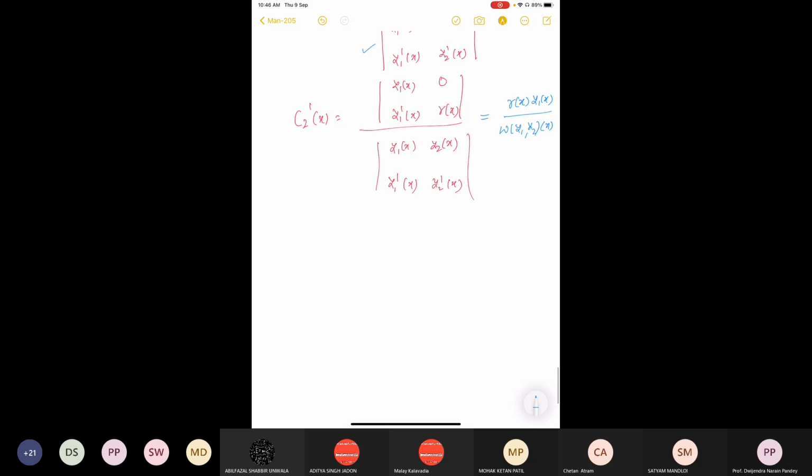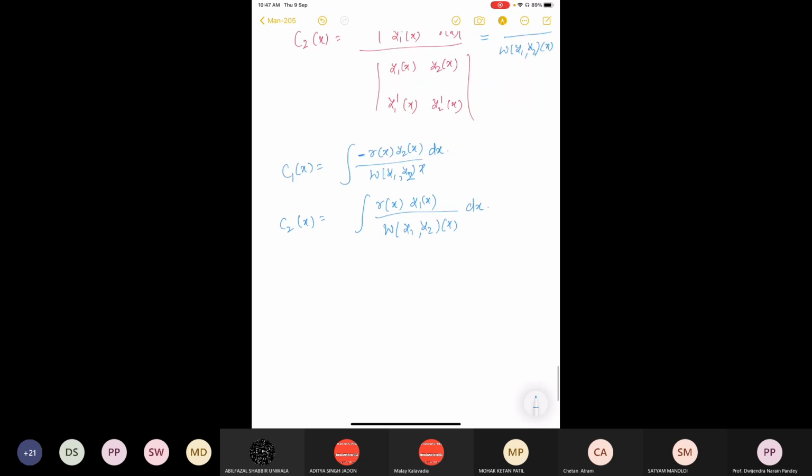Is it okay? So it means that I can find c1 of x by integrating minus r of x y2 of x divided by the Wronskian of y1 and y2 of x dx, and c2 of x I can write as the integration of r of x y1 of x divided by the Wronskian of y1 and y2 of x dx.